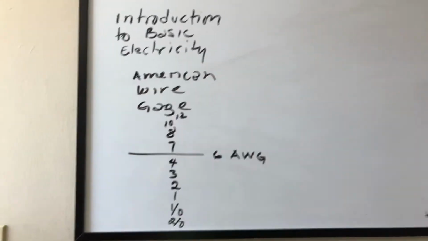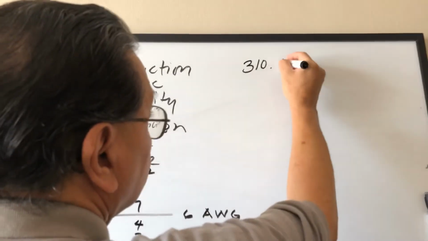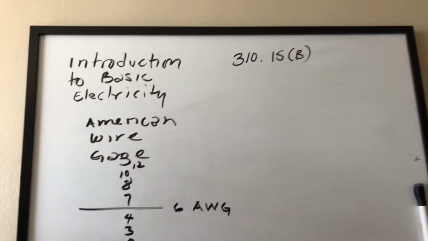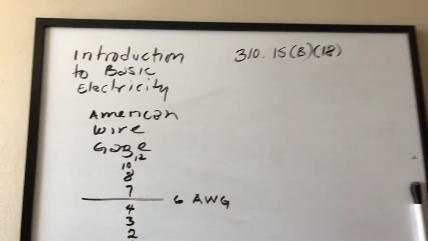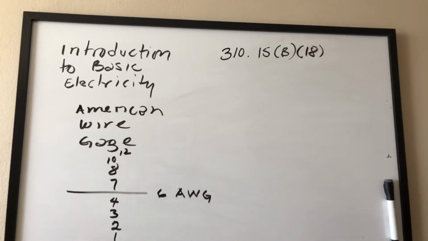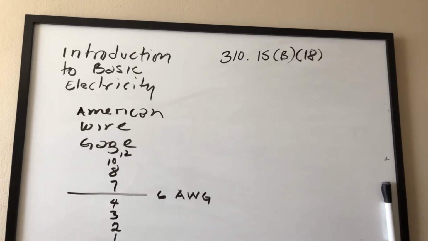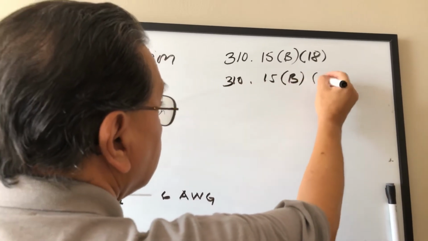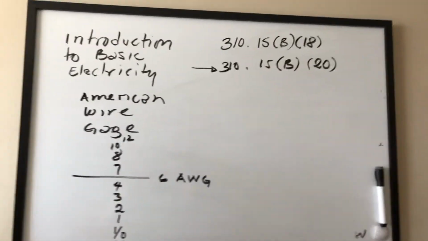Okay, let me write this down. 310.15(B)(16) and 310.15(B)(20). So we use these tables to determine the size of the electrical conductor.